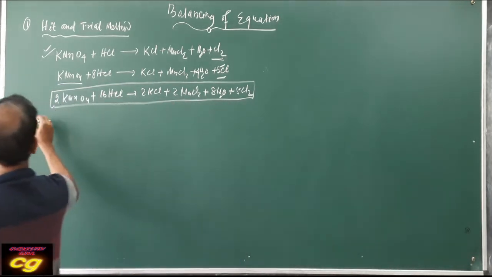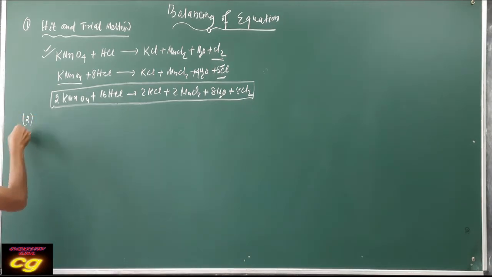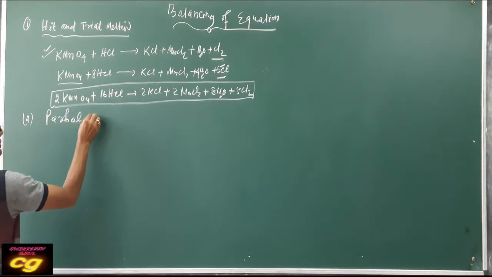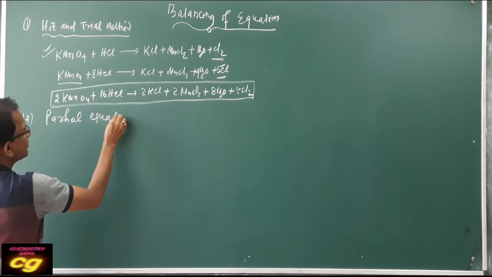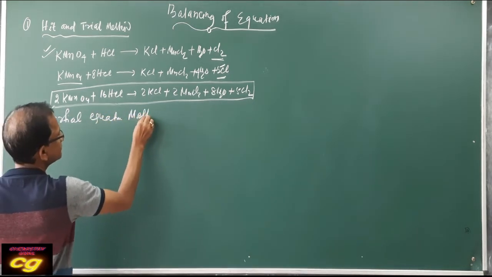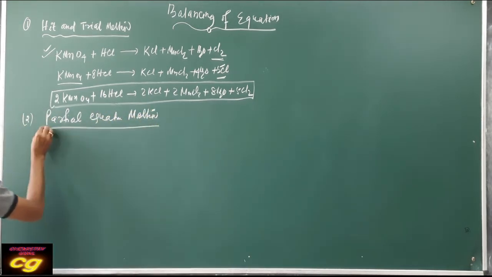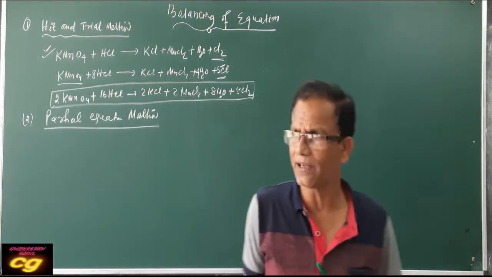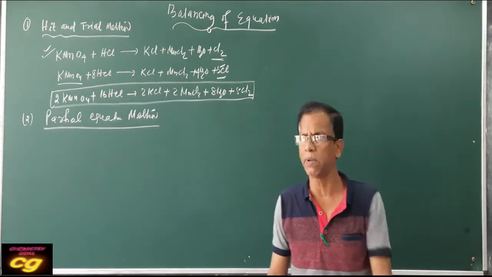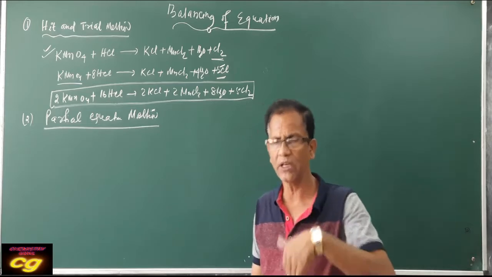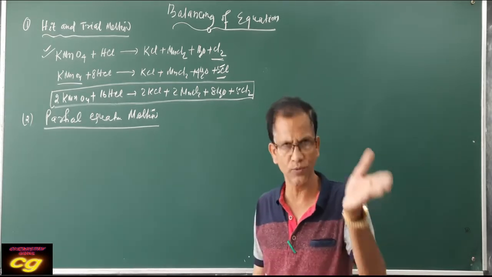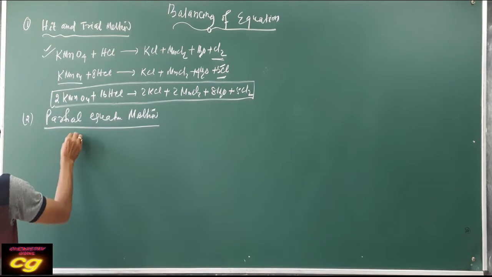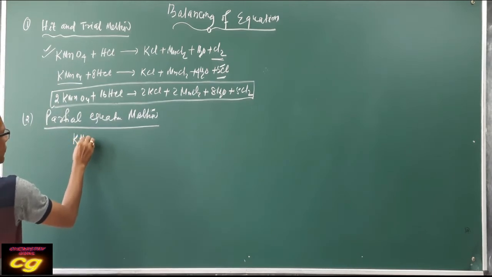Now, how can you balance the same equation by the partial equation method? In the partial equation method, there are some specific rules. The rule is that the bigger compound you select should be broken into smaller compounds. For example, here the bigger compound is KMnO4.